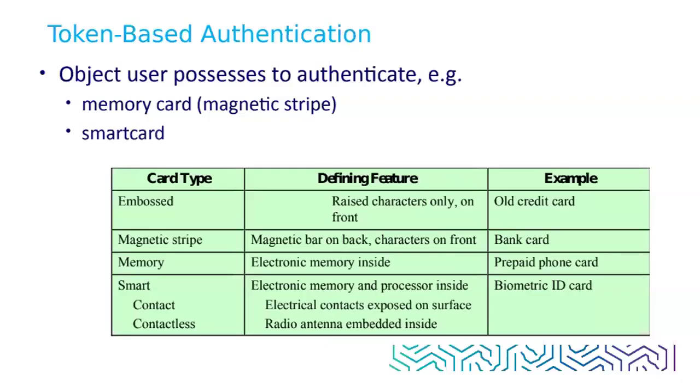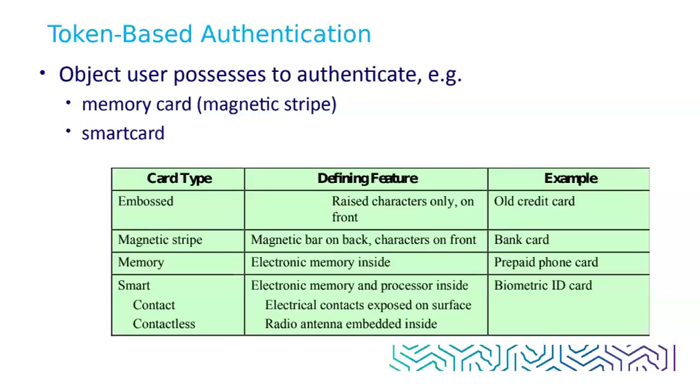And then we have the concept of token-based authentication. Here, a token is a physical device, or you can call it a card, that helps to verify who you are, and the system will check whether you possess the correct token before granting access or not. When we think about entering a secure office building, the security guard will ask for your employee ID card, and if you have the card, then you can enter.